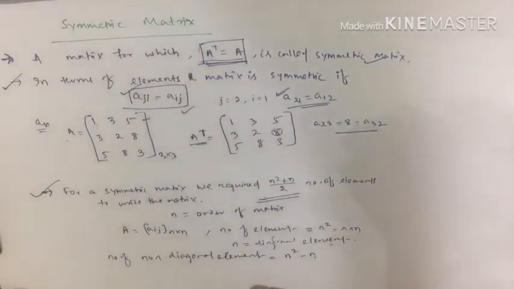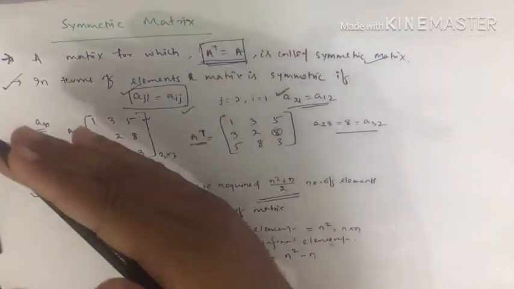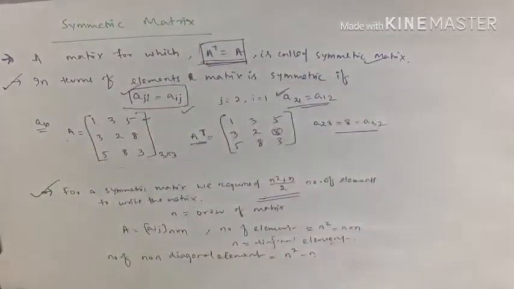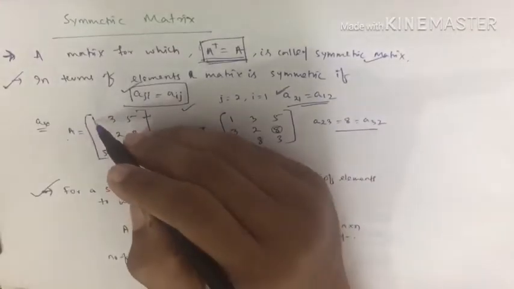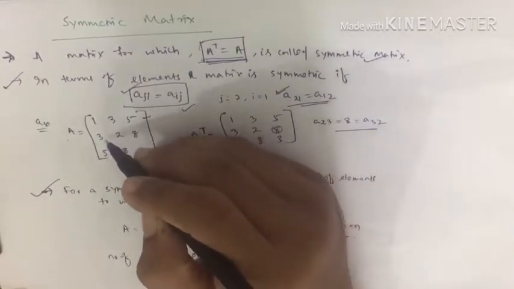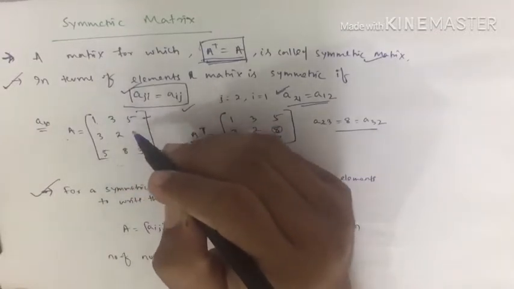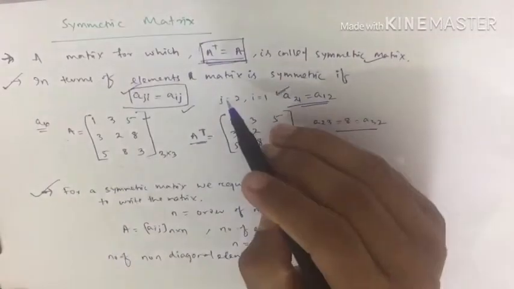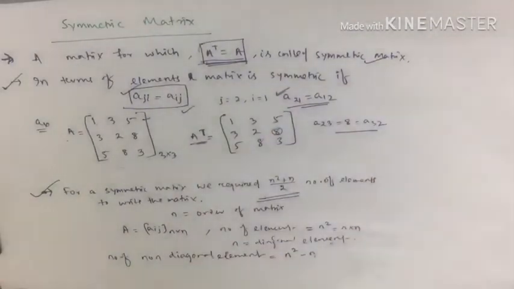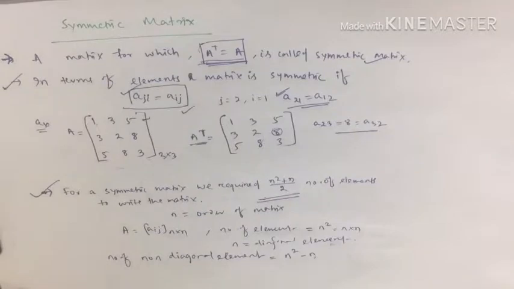Simply it means, except the diagonal elements, all other elements are equal in pairs. If you forget about the diagonal elements, these non-diagonal elements are equal, like 3, 5, 8, as per the condition Aji equals Aij. If you know Aji for a symmetric matrix, you obviously find Aij and inversely.